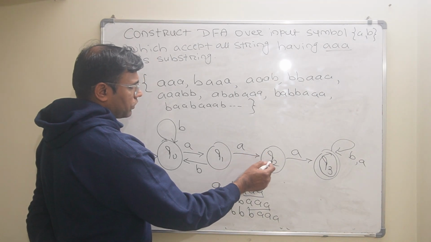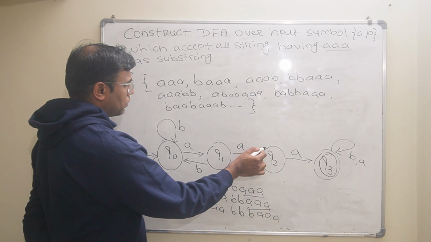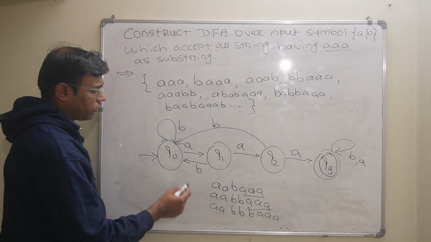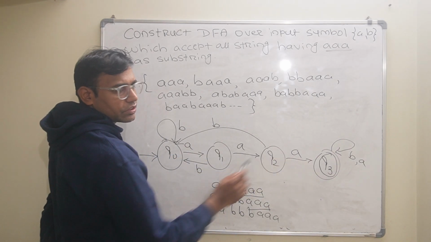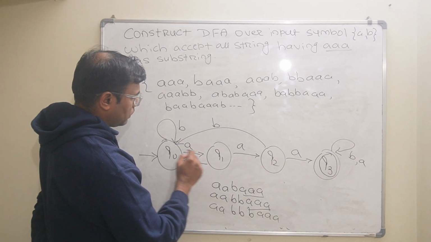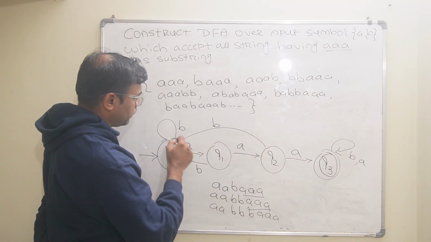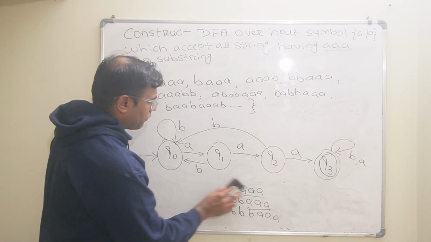So what we can do, we can come back for B from Q2 to Q0 and it will definitely solve our problem. So you can see AB, AAA, it reaches the final state. Then ABB, then AAA, it reaches the final state. ABBB, AAA, it reaches the final state. So that solves our problem.